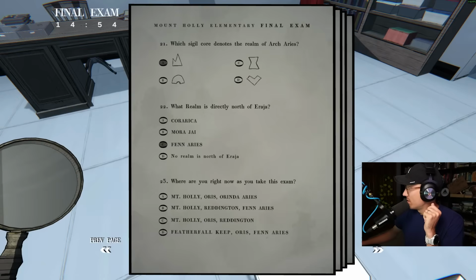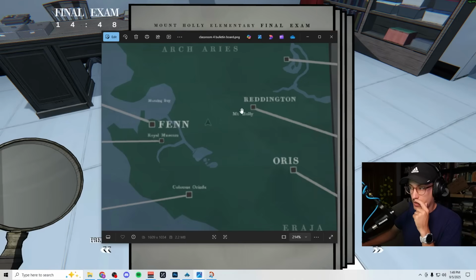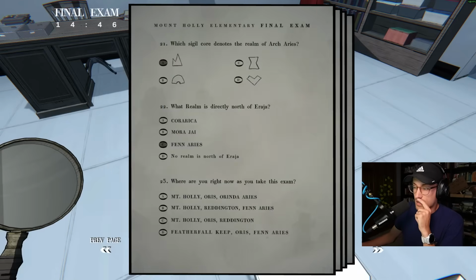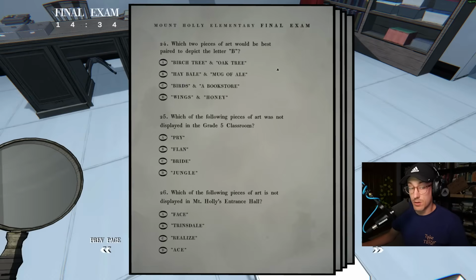It's not... We're here in Reddington. So yeah, it is this, unfortunately. Featherfall Keep is the name of that other thing in the Reddington book.